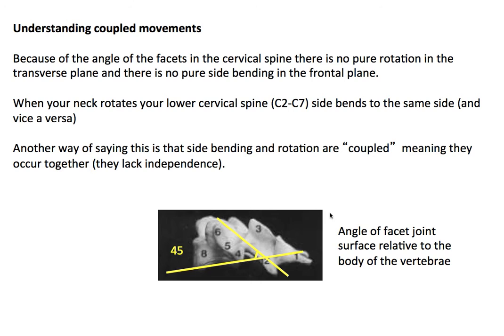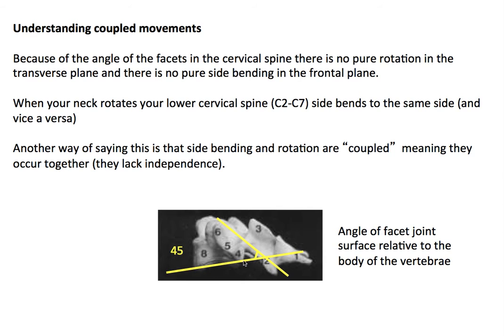So we want to remember that the C2 through the C7 facet joints are angled at 45 degrees, and we can see that in this picture here. The 45 degrees refers to the plane of the facet joints from the lateral, or from a side view, relative to a line here drawn along the vertebral body.